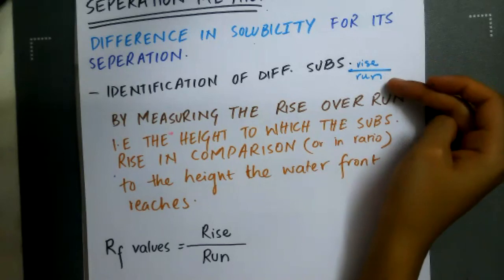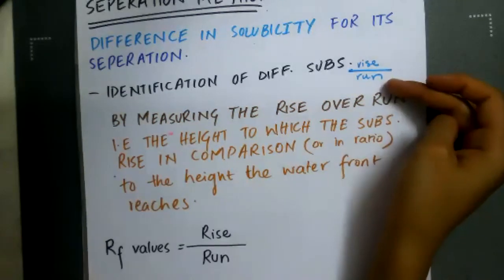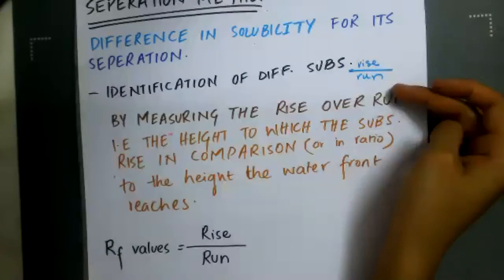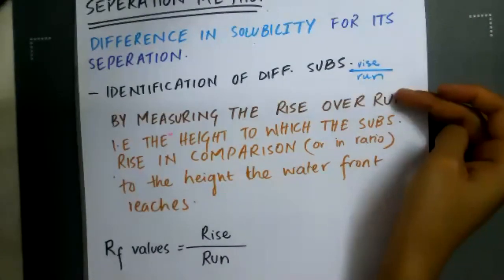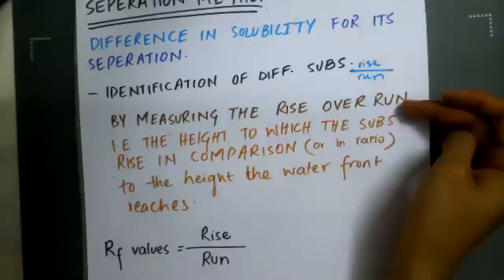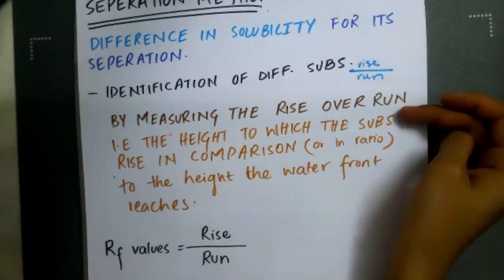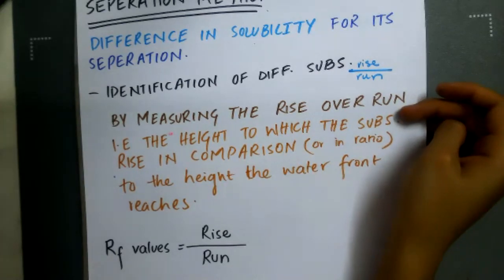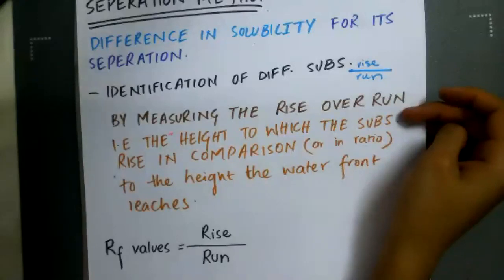So can we also call it the ratio between the distance that the water ran and the distance that the solute ran? Yeah, right. So it's the ratio between the distance that the water traveled and the distance that the solute traveled. So rise is for the solute and run is for the solvent. You can write it down.